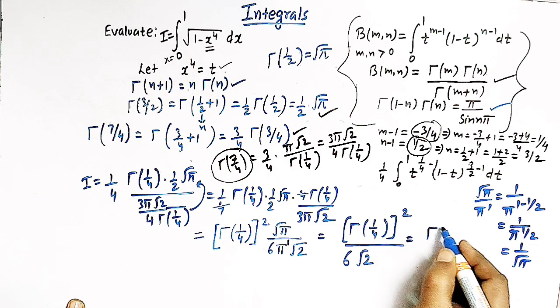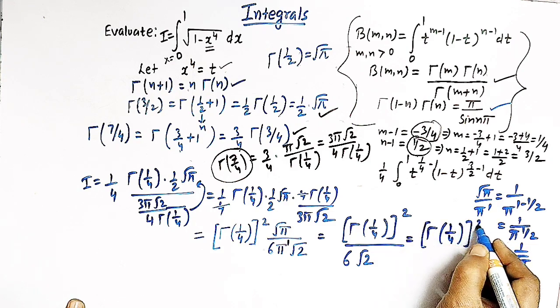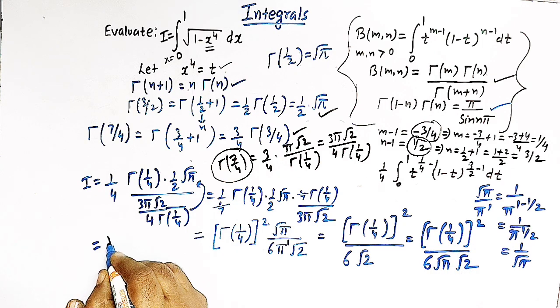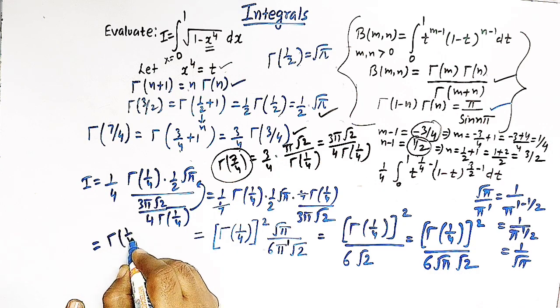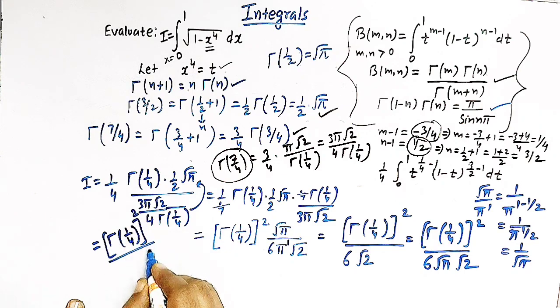So we can now write gamma 1 over 4 square, and then we have here 6 root pi times root 2. So now we can combine these two terms, because here we have square root, here also we have square root. So we can now write gamma 1 over 4 square, and then we have 6 times square root of 2 pi.